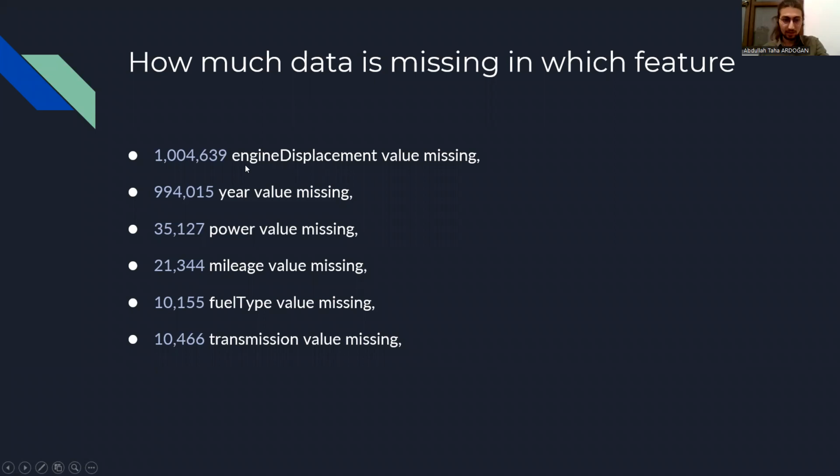Our model covers whole engine displacement and missing year values. So after that, 100,000 rows we have to discard. So we have almost 2.9 million samples because we have to get rid of power, mileage, fuel type, and transmission rows with missing values.